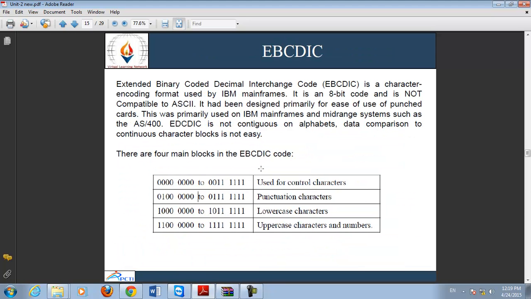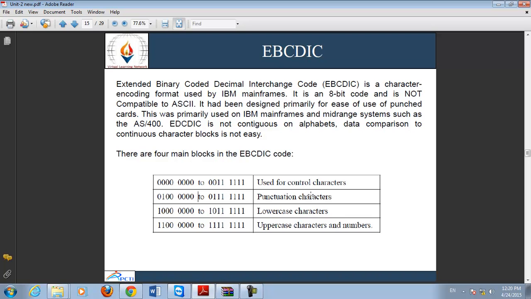Next is EBCDIC, that is Extended Binary Coded Decimal Interchange Code. It is also a character encoding format which is mainly used in IBM mainframes, and it is non-contiguous for alphabets. As I told you, in case of ASCII codes, there is a contiguous location of particular codes for particular alphabets, that is from capital A to capital Z, the codes 65 to 90 are assigned.